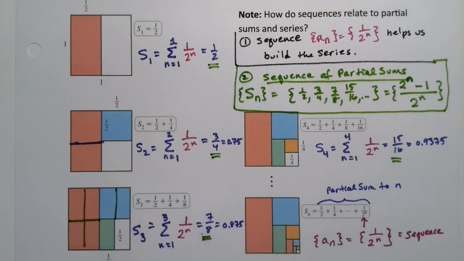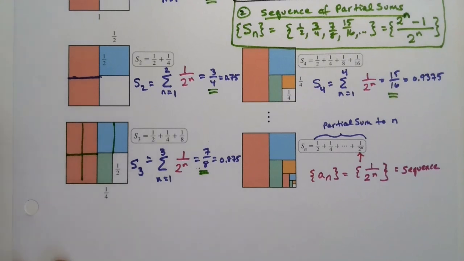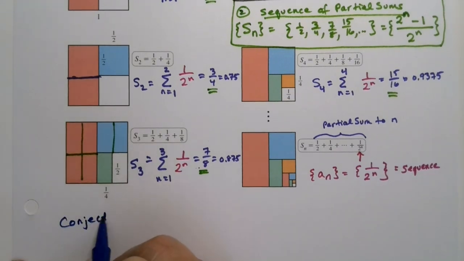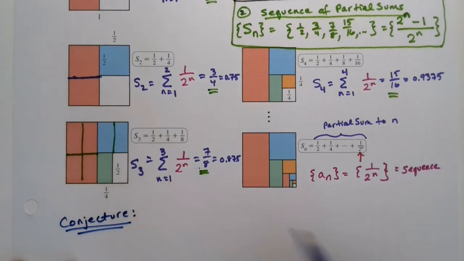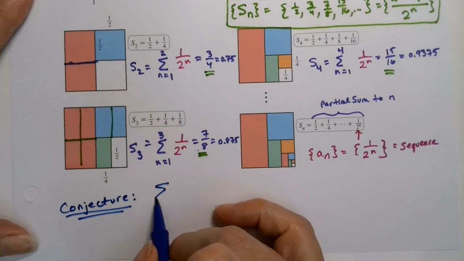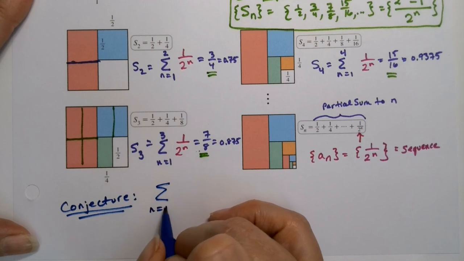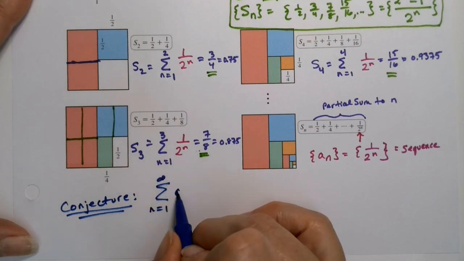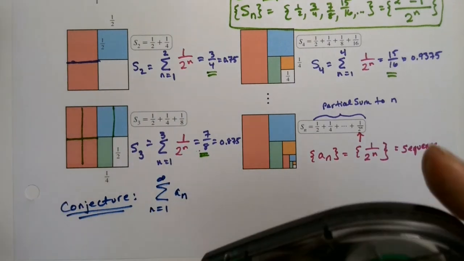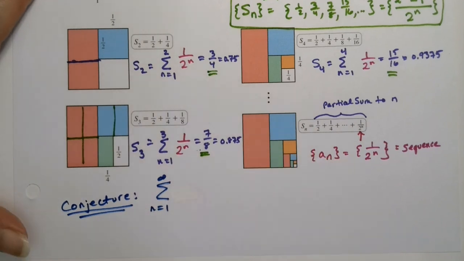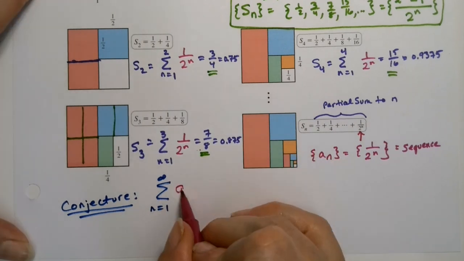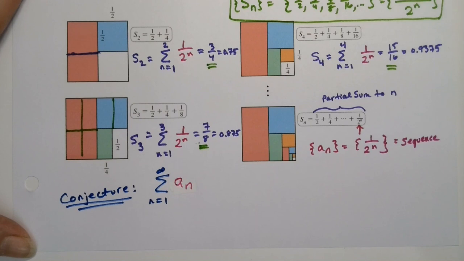And now there's more. I want to make a conjecture. What's going to happen if I go to infinity of my sequence? If I take a sub n, which is what we're doing, we take our little a sub n sequence and we add up to forever.